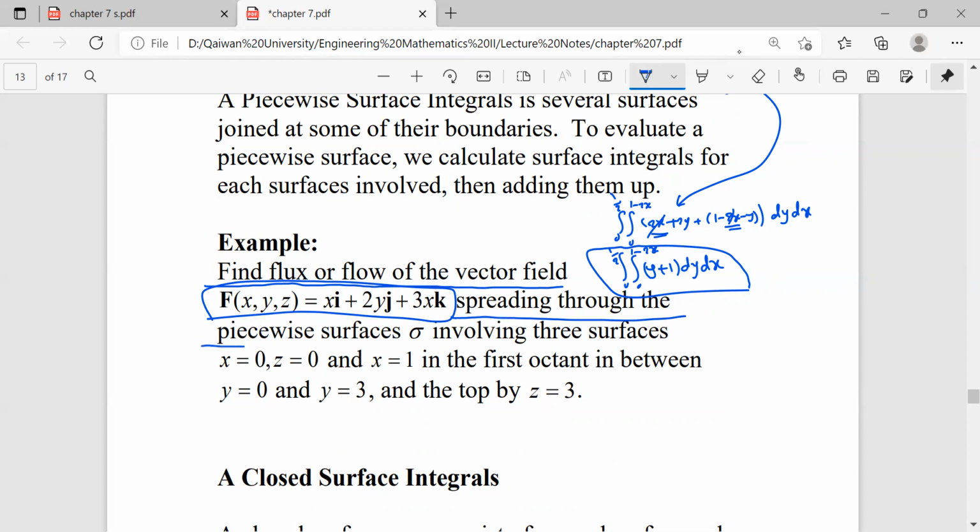The piecewise surface sigma involves three surfaces here: x equals 0, z equals 0, and x equals 1. It's in the first octant, between y equals 0 and y equals 3, and topped by z equals 3. So for both, z is from 0 to 3.